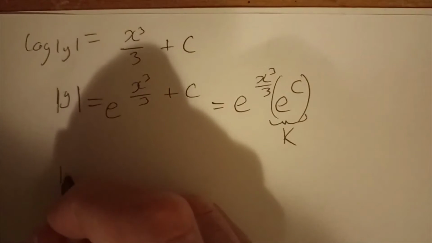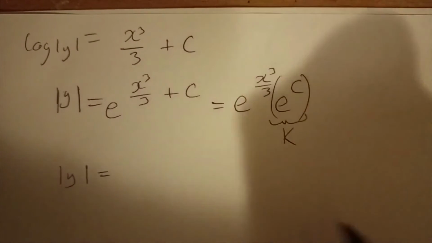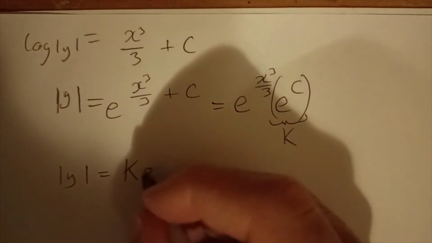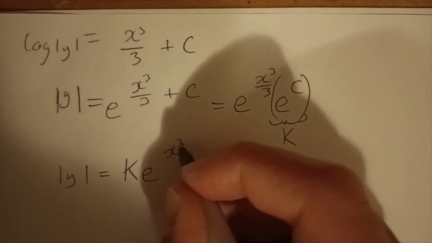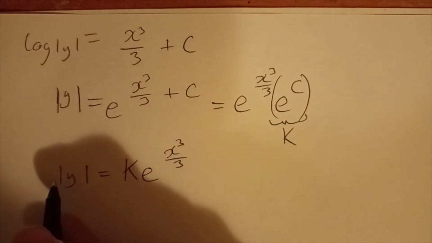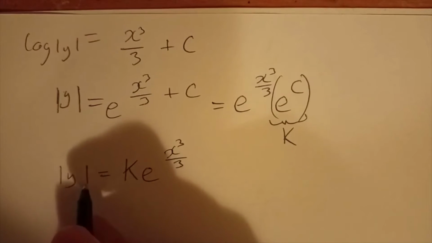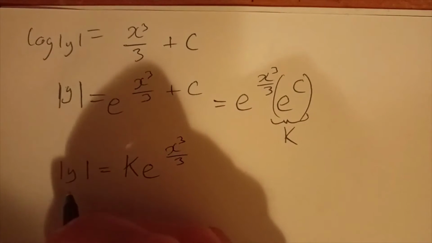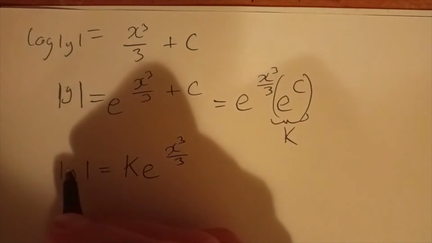So now we've got the absolute value of y equals k times the exponential of x cubed over 3. Now, to remove this absolute value of y, we need to take into account both positive y and negative y.